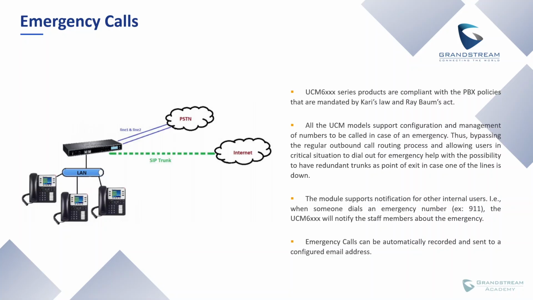The UCM also supports configuration and management of numbers and outbound routes used in emergency situations. Outbound calls can be set to bypass the regular outbound call routing process and dial out for emergency help through redundant trunks in the event all lines are busy or down. In addition to that, emergency calls can be set to be recorded automatically once an emergency number is being called.